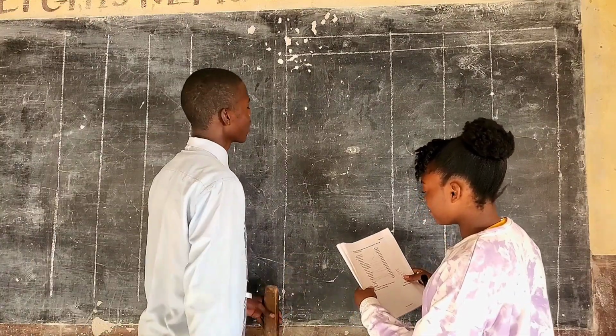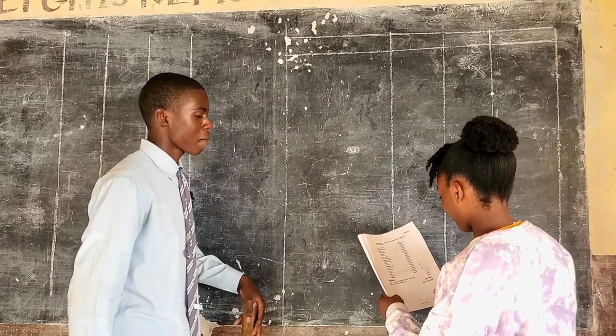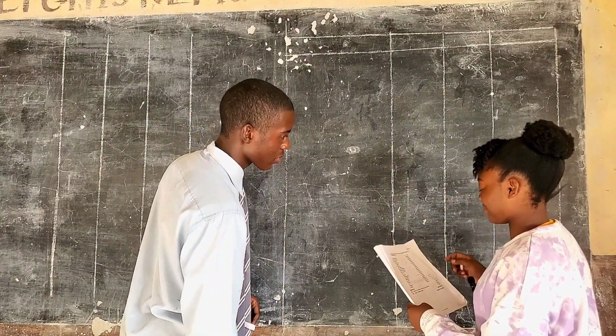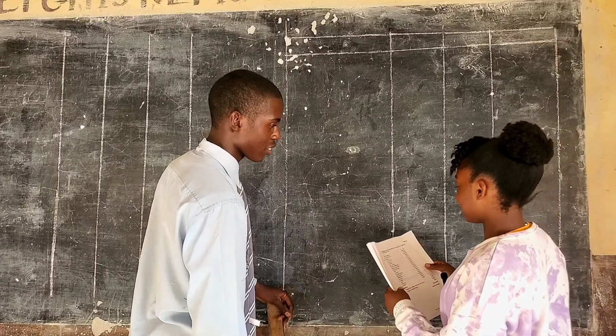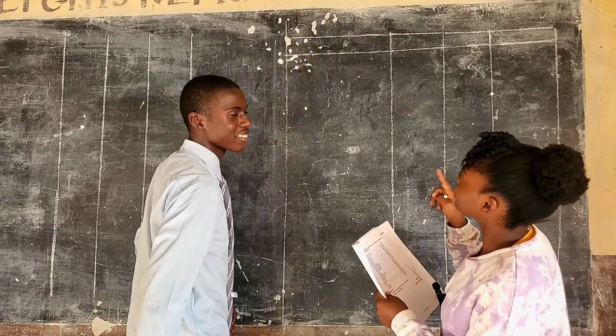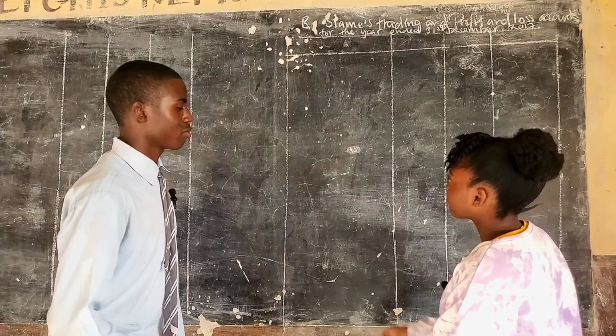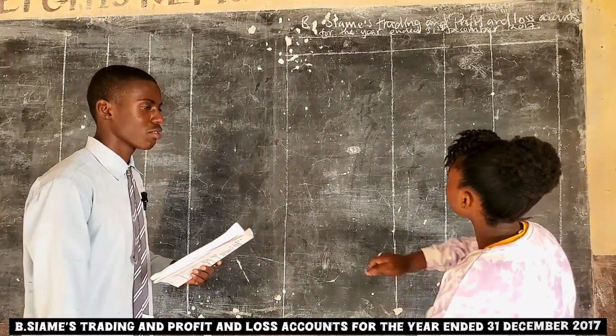The first thing we do, we start with the title. Always start with the title. Our title is going to be B Siame. So we begin.